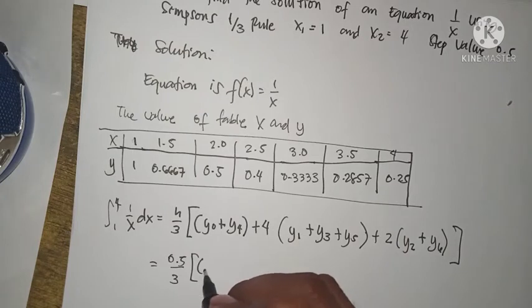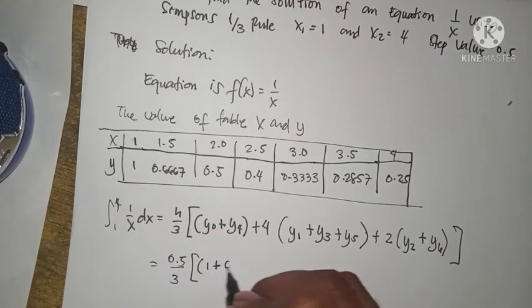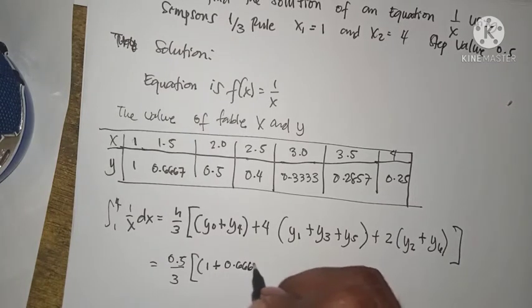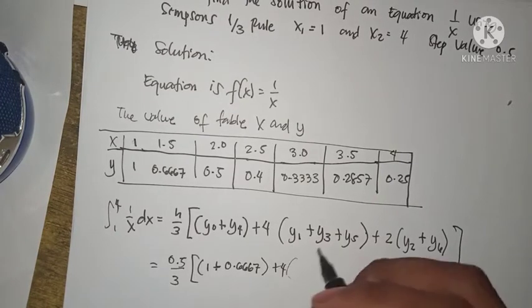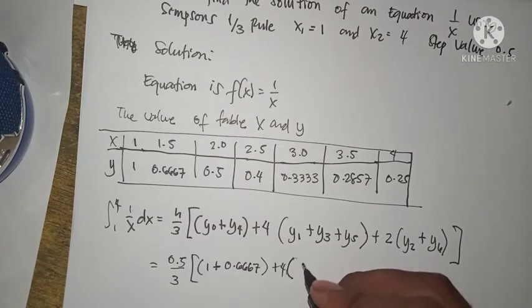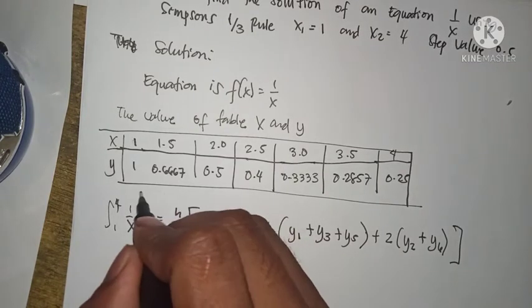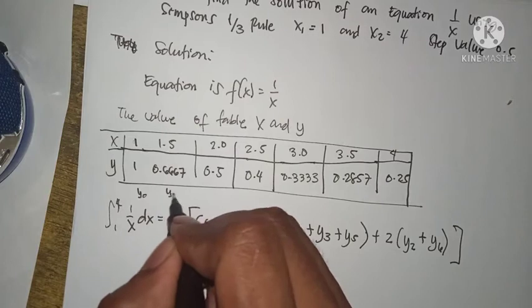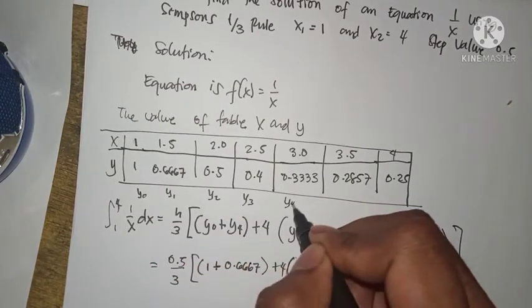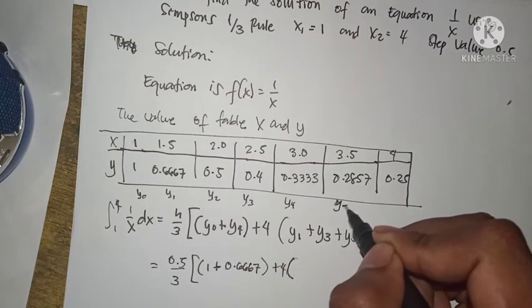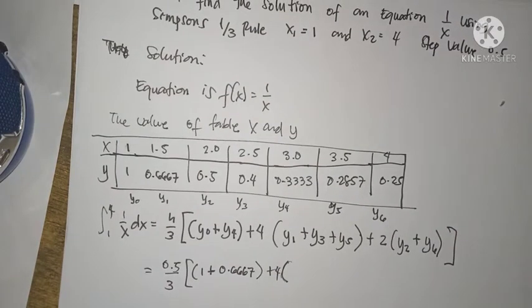So y sub 0 is 1 plus 0.6667 plus 4. Here are y sub 0, y sub 1, y sub 2, y sub 3, y sub 4, y sub 5, and y sub 6.